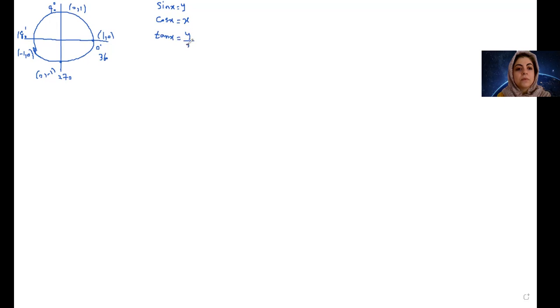For the reciprocal of that, for cosecant, which is equal to 1 over sine x, or sine theta, if you want to say. 1 over sine is 1 over y.